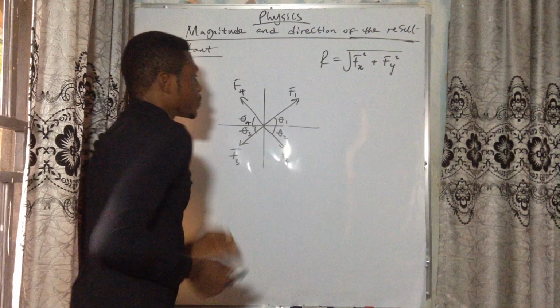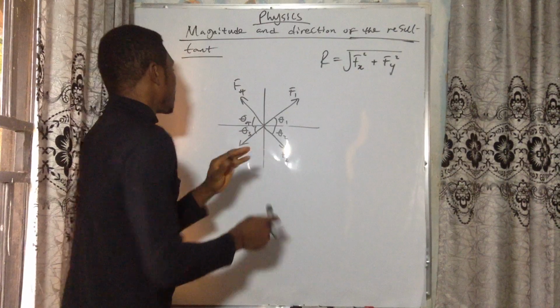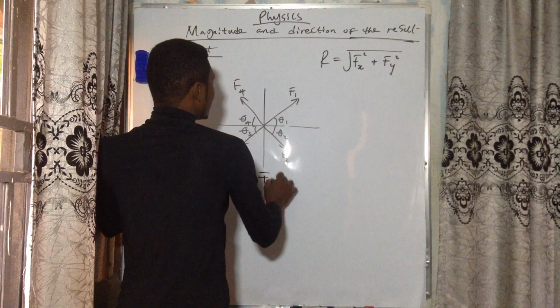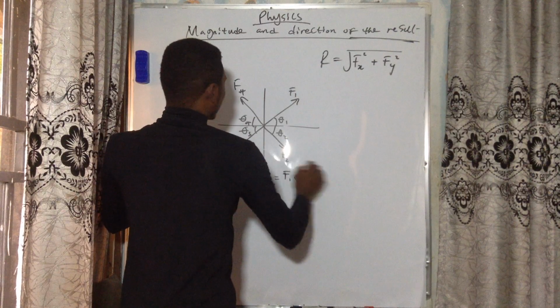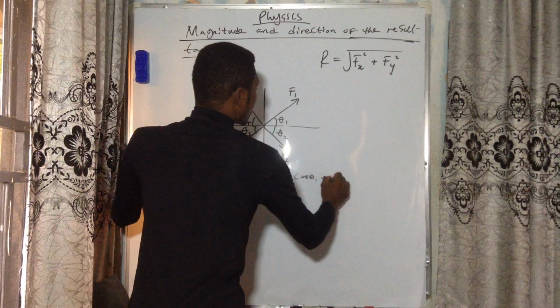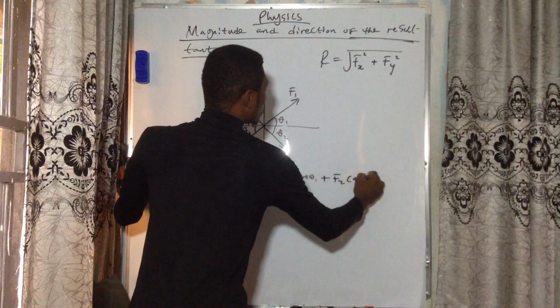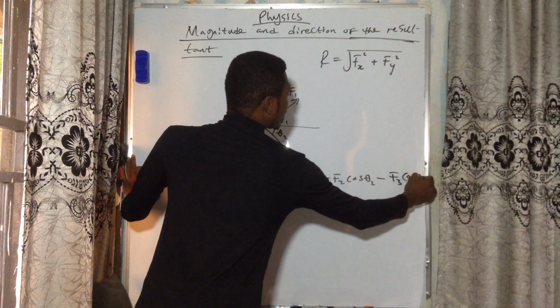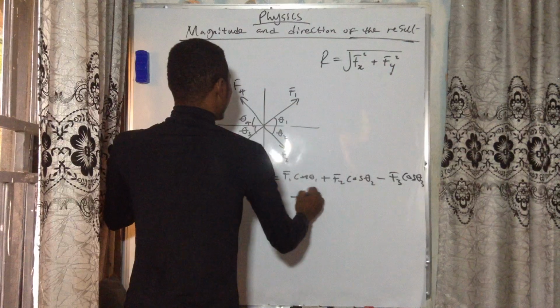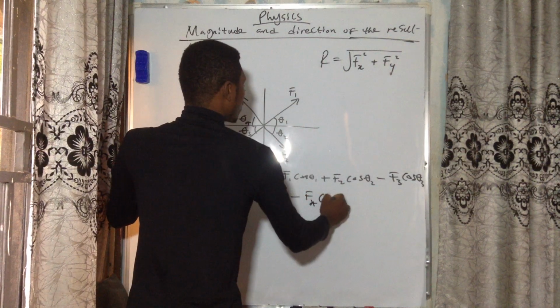You know how it goes. Then, finding Fx, which is F1 cos theta 1 plus F2 cos theta 2, minus F3 cos theta 3, and minus F4 cos theta 4.